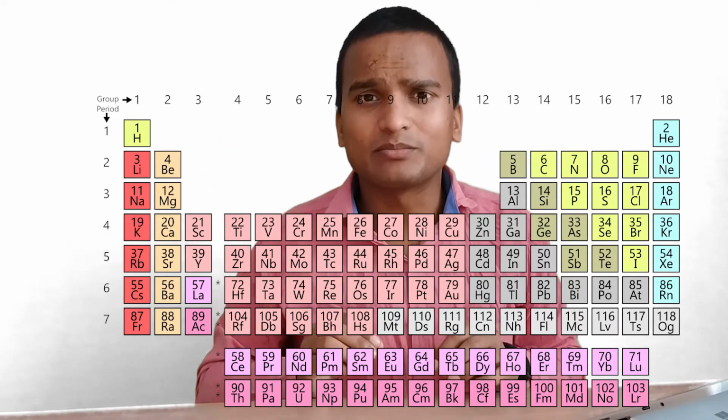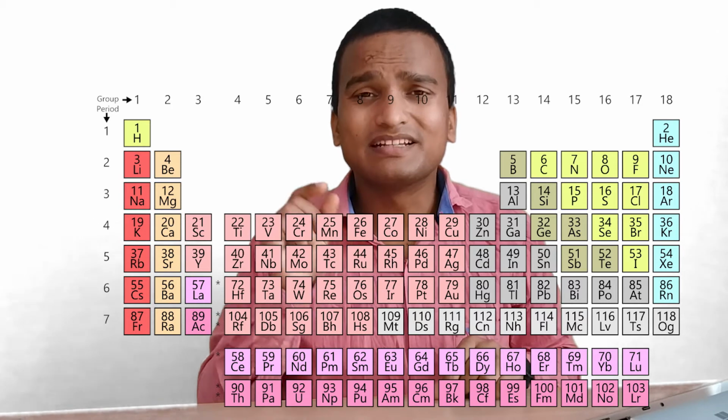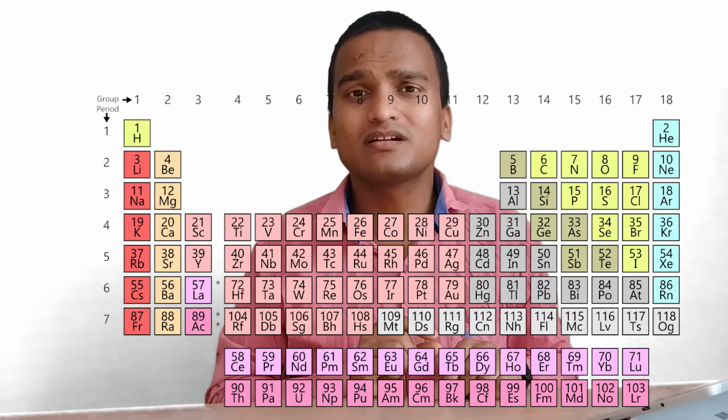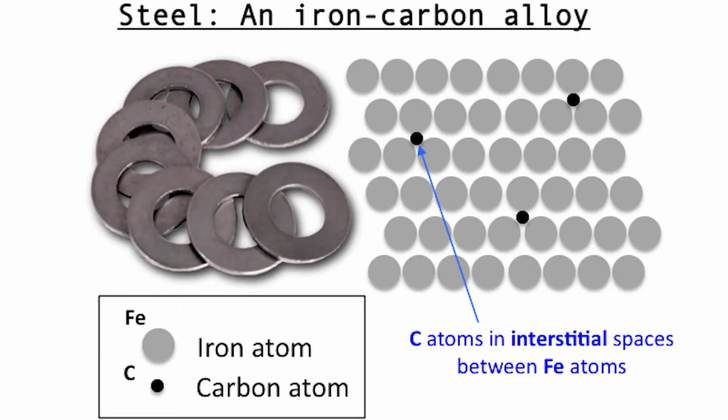And see, at the microscopic level, something very wonderful happened. If you look at the periodic table, the diameter of the carbon atom is very small in comparison with the diameter of the iron atom, and this carbon atom can be very easily dissolved into the iron atom lattices.